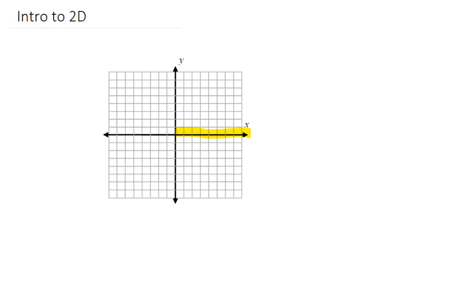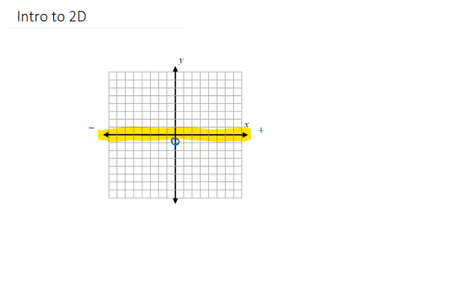That would have been one-dimensional graphing, where on one side were the positive numbers, on the other side the negative numbers, and in the middle was zero. You always labeled zero in the middle, and we would just shade it left or right.